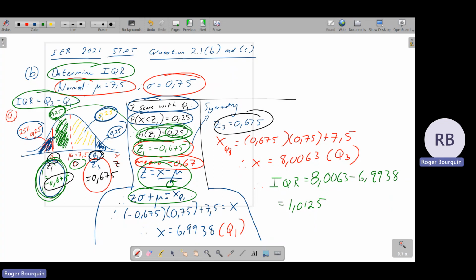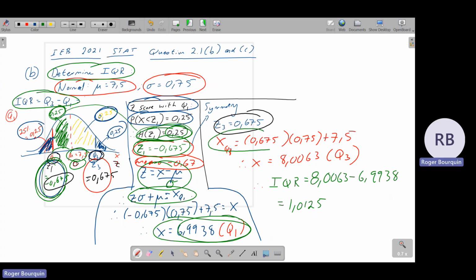Z is negative 0.675, sigma is 0.75, and mu is 7.5. So I end up with an X score of 6.9938, which looks right because that's to the left of 7.5. So the lower quartile is 6.9938.